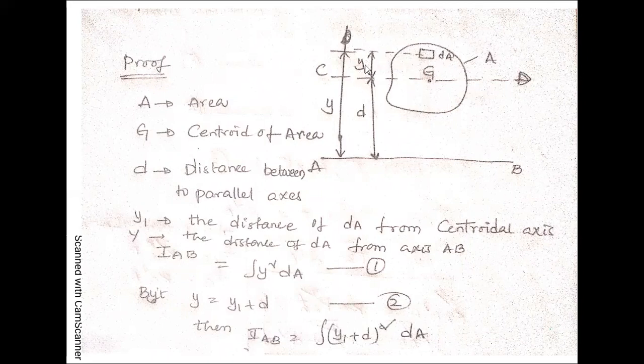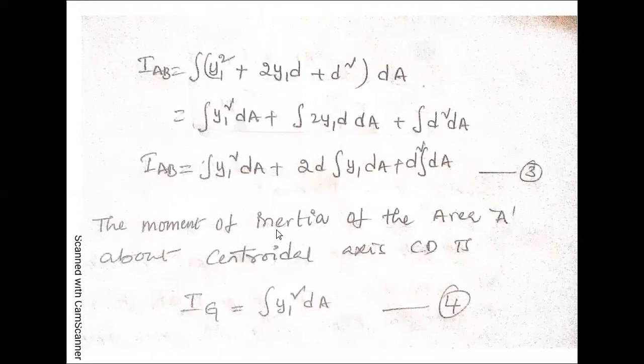So integral y1 square dA is the moment of inertia of this object about its centroidal axis. That is Iz in general notation. It is an integral because it is the total moment of inertia about the centroidal axis.